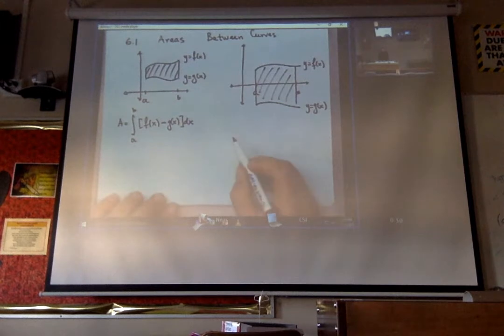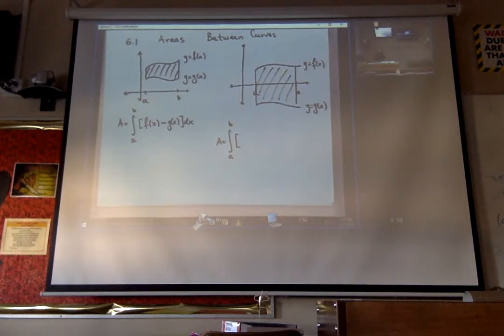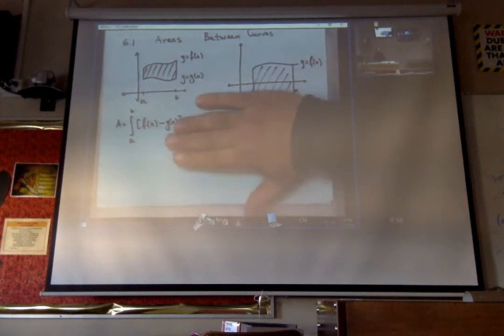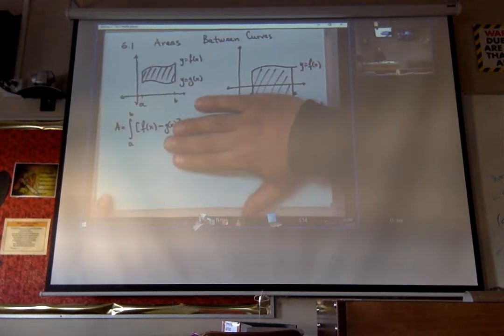Okay, so let's talk about this. Again, think about the formula as two separate integrals, the integral of f of x and the integral of g of x, right? If you think about the integral of f of x, if you look at the picture, you'll get just this area right here.